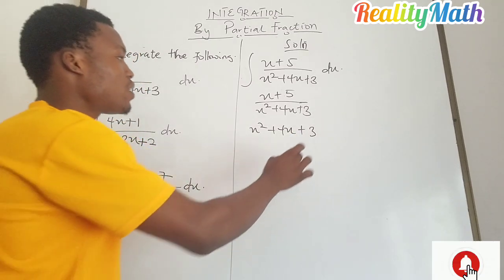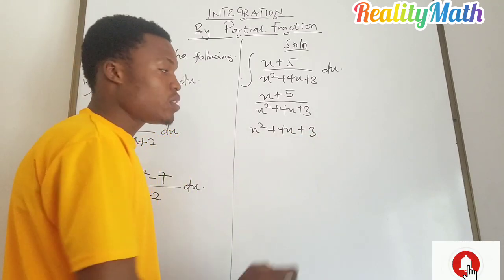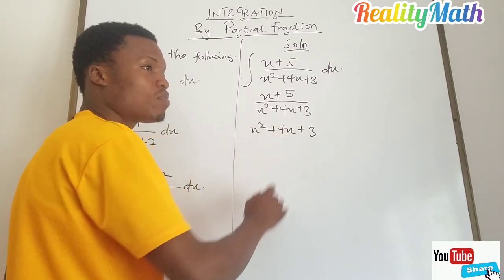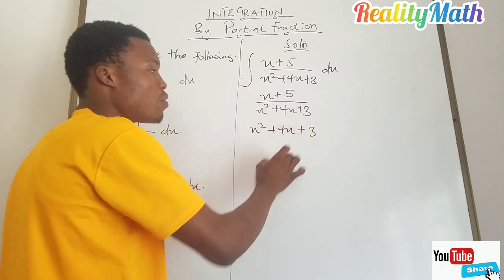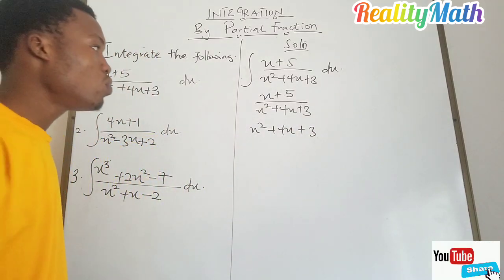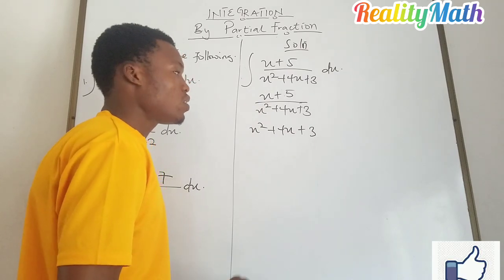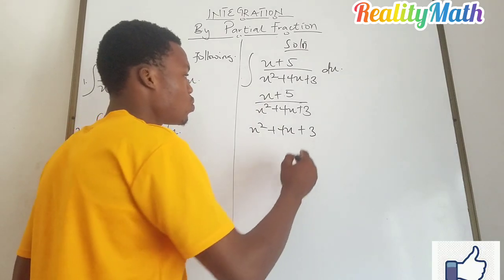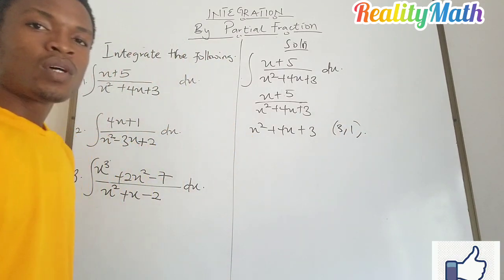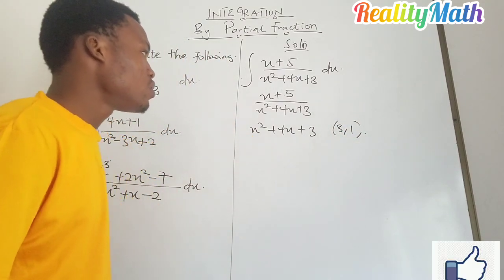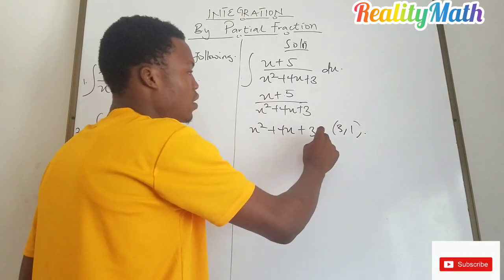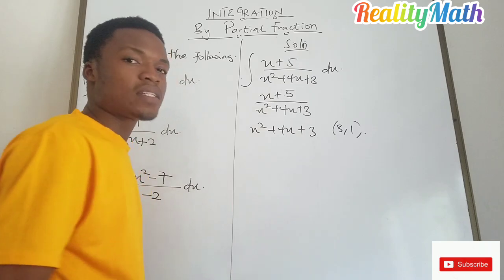Now let's find the factors of 3, the constant, that when we add them give us the coefficient of x, but when we multiply them give us 3. Let's pick the factors of 3 to be 3 and 1. We know that 3 plus 1 gives 4, and 3 times 1 gives 3. So I'm satisfied.